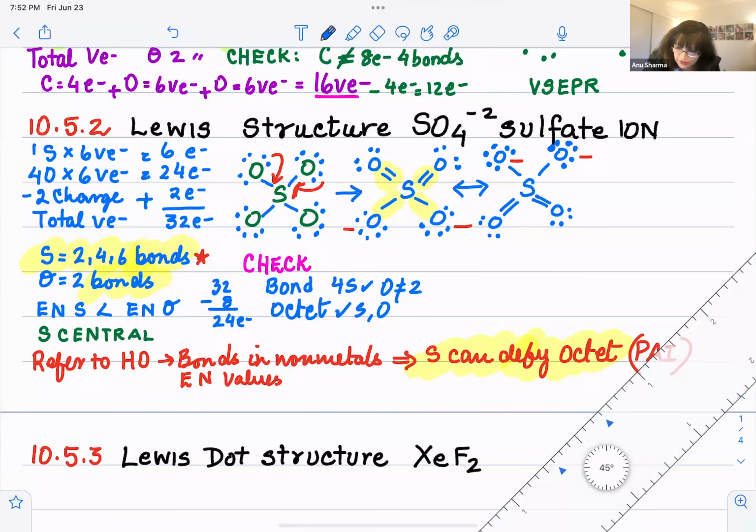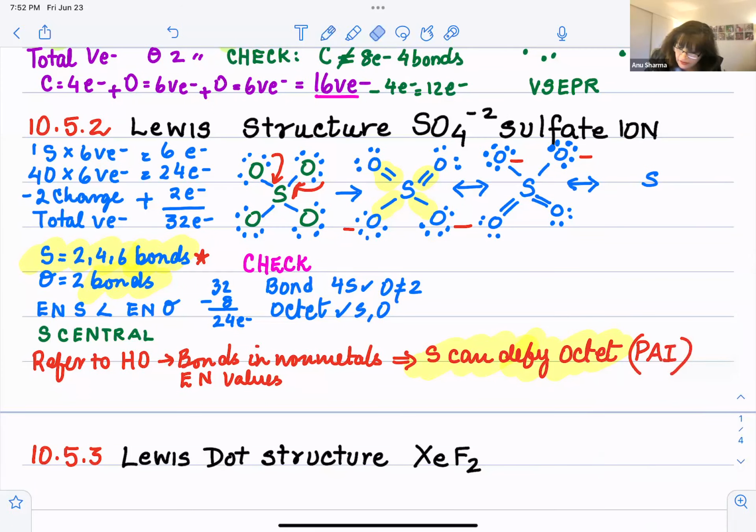So this goes back and forth, but there are other possibilities where we see it diagonally. Sulfur, this one is making a double bond, this one is making a double bond, this one has a single bond, and this one has a single bond. These guys are now 1, 2, 3, 4, 5, 6, and these guys will hold a negative charge.